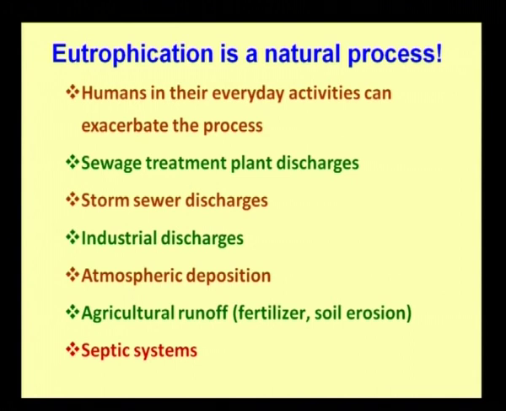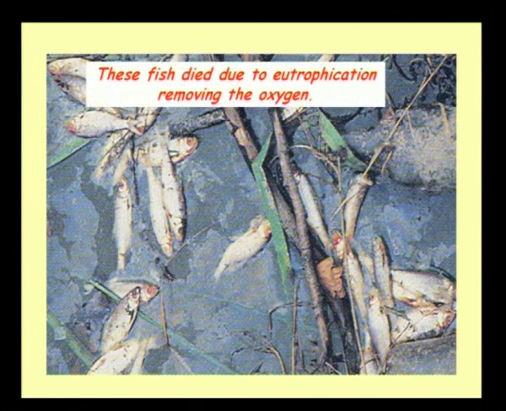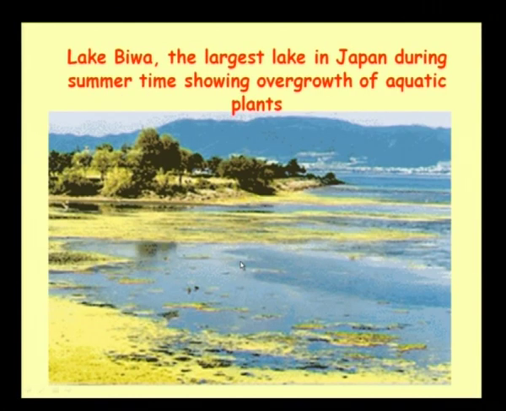So some are natural and some are man-made, and the diagram is depicting the fish that died due to eutrophication because it has removed all the oxygen, and therefore the fishes are dying in large numbers. And see Lake Biwa, the largest lake in Japan, during summertime it is showing overgrowth of aquatic plants, and therefore, you look at the diagram.